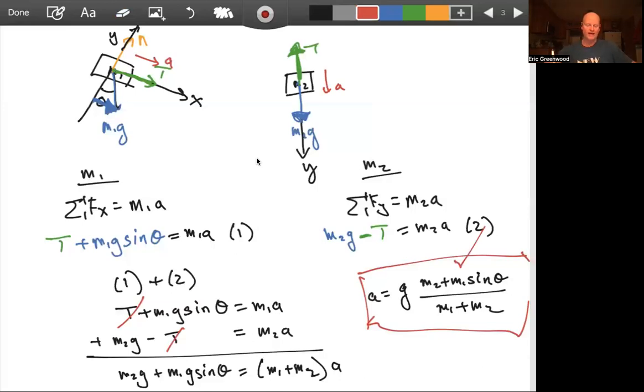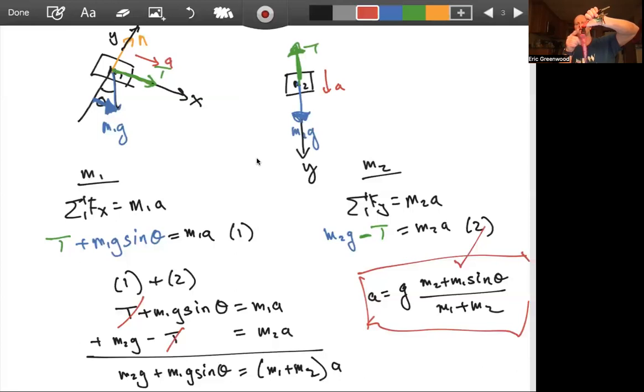Good. So just to recap: whenever I have connected objects, Newton's third law ultimately tells me that the acceleration of the two objects has to be the same. If they're connected via something like a string, where I have one object connected here, and then a pulley and another object connected down here, the tension here must be exactly the same as the tension here.